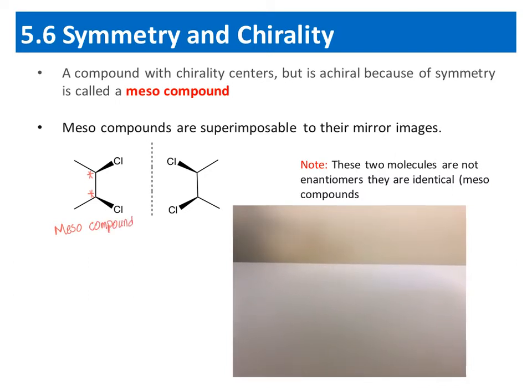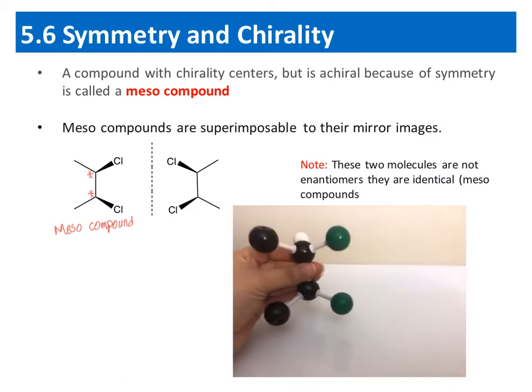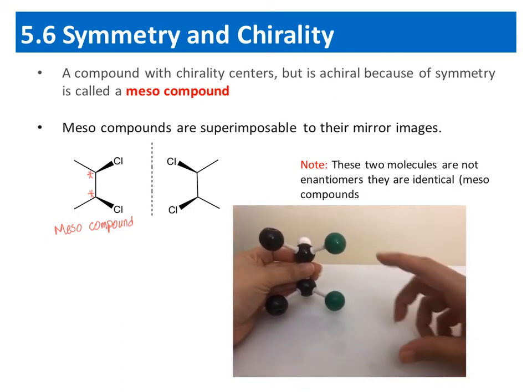Now if I imagine there is a mirror and I draw its mirror image right here, that would be the molecule. So these 2 structures are mirror images of one another. Now, a meso compound is superimposable on its mirror image. So here is the compound on the left.